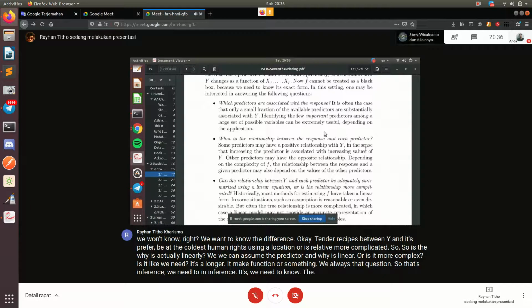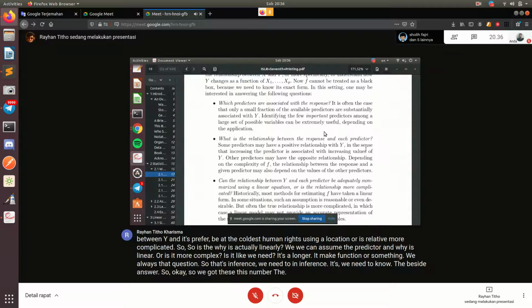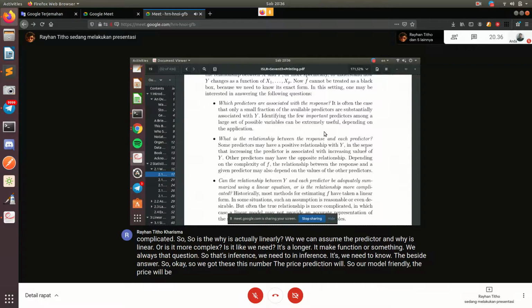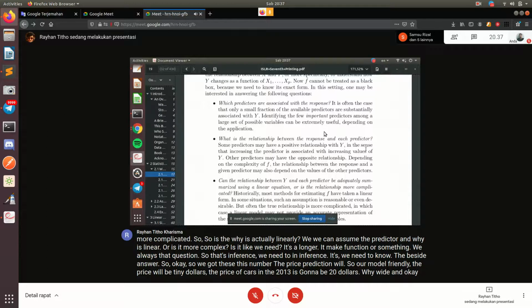So okay, we got this number. Our model predicts the price of cars in 2030 is going to be $20. Why? What is our feature?